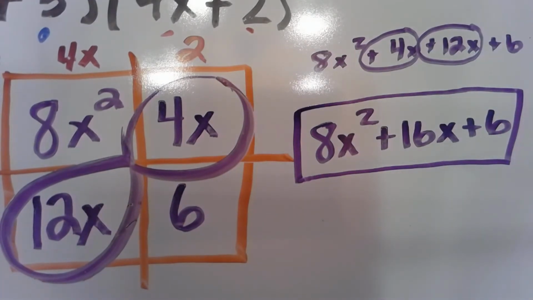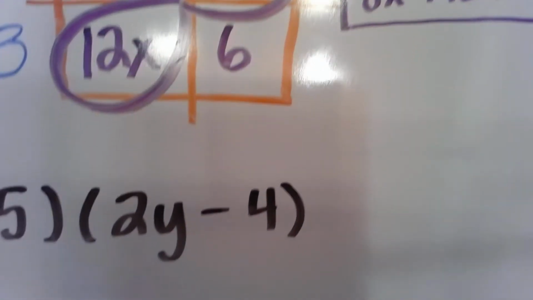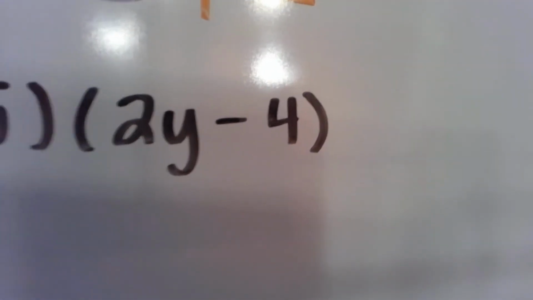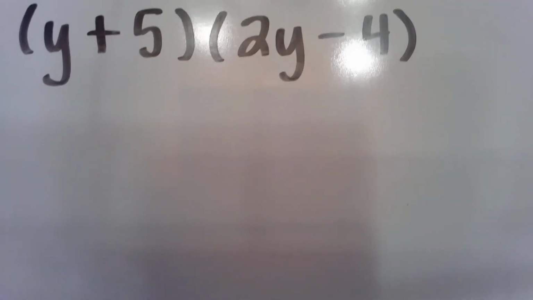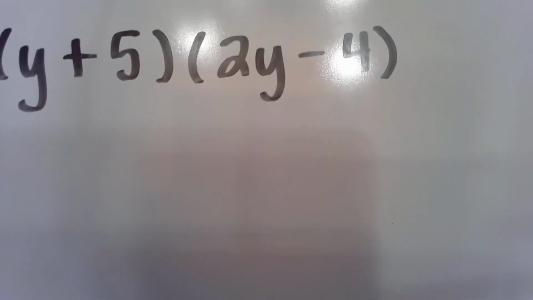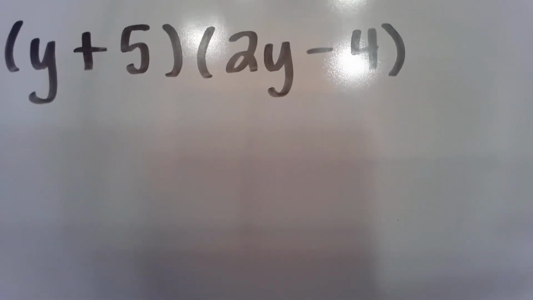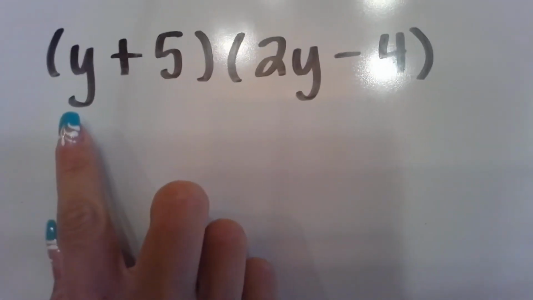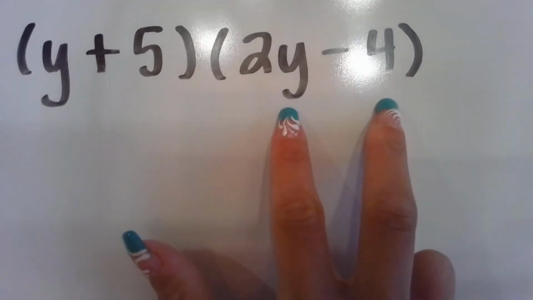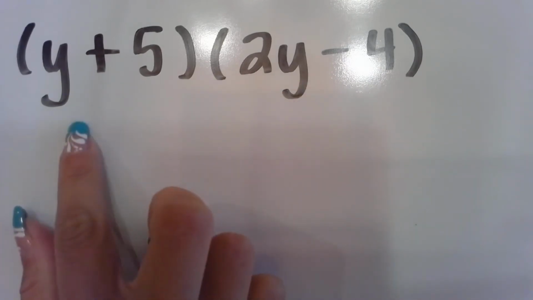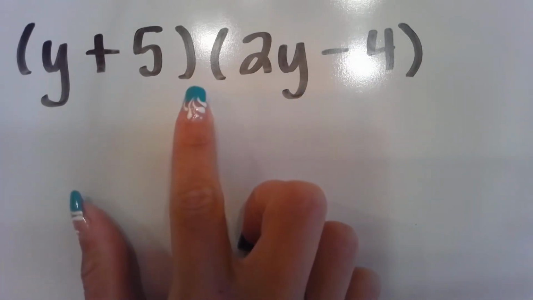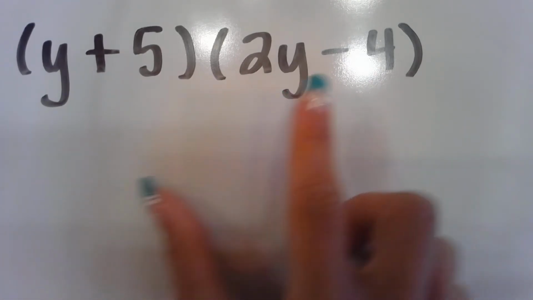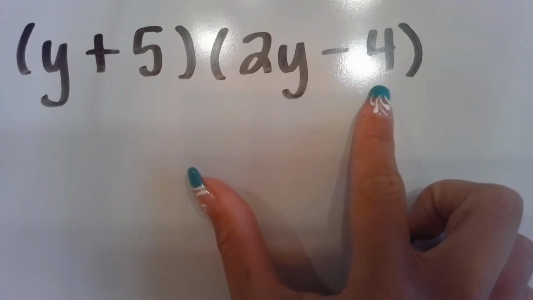Now let's go ahead and look at another example. For this example, we have two binomials, and we have y plus 5 times 2y minus 4.